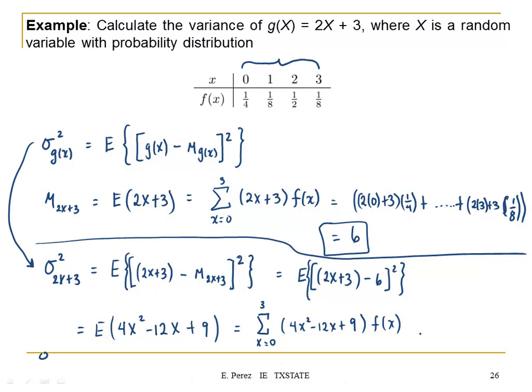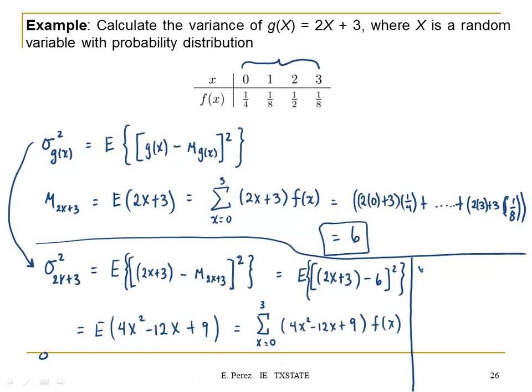So if you were to solve this, what we are trying to say here is, let me go to the next slide. Try to write it here.